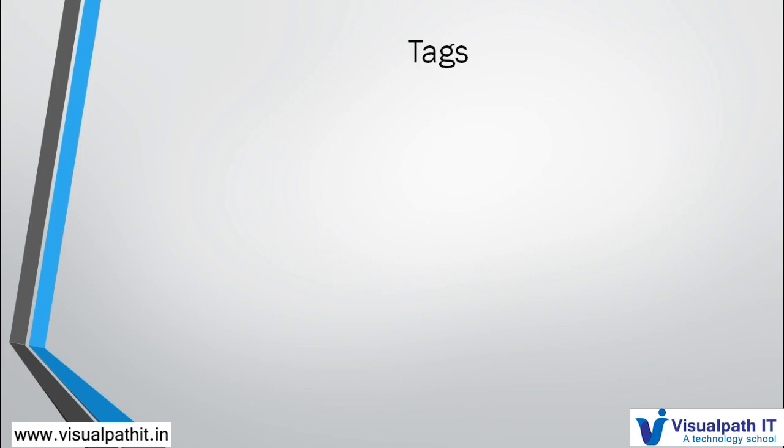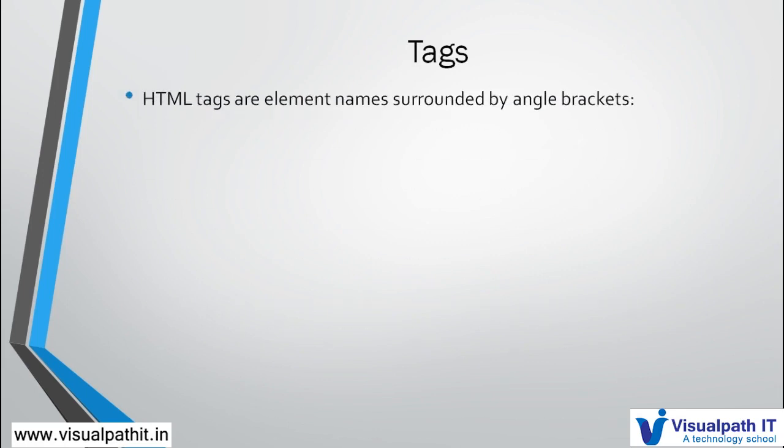Now we'll understand some tags: what tags are and how they are used. HTML tags are element names surrounded by angle brackets. On your keyboard, if you press shift with the lesser than or greater than keys, you get the angle brackets. We need to write the tag name inside the angle brackets. Then comes the content, whatever you need to display.